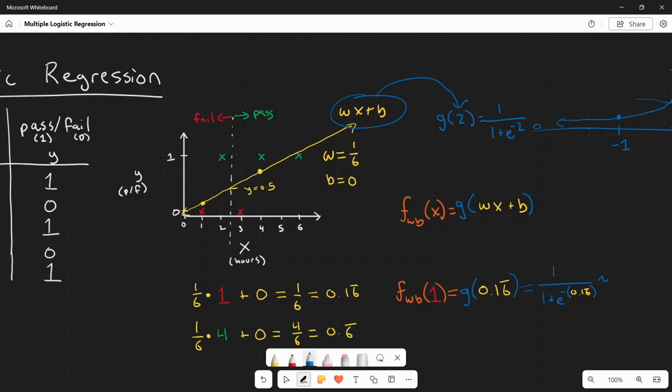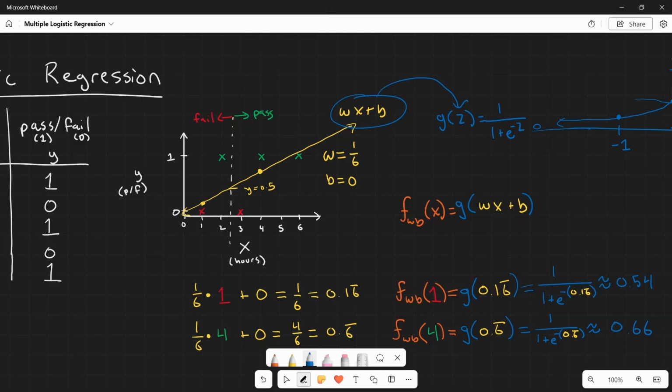And finally, that gives us about 0.54. And let's do the same thing for this 4 down here. So we have f subscript wb of 4, and that gives us g of 0.6 repeating. And then plug that into the sigmoid function. And from that, we'll get about 0.66.